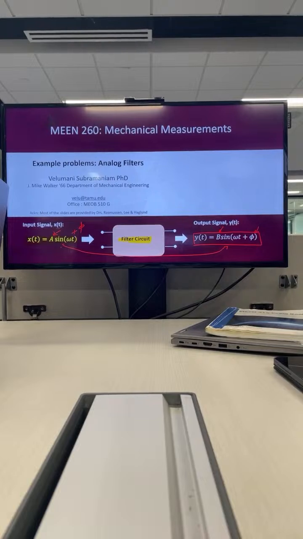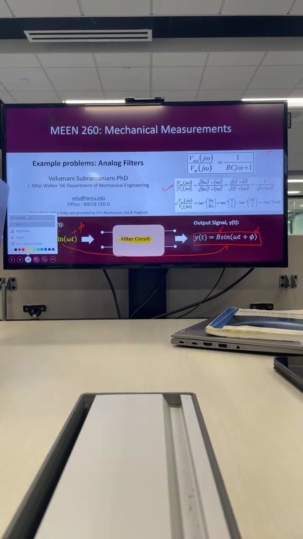You know this is a simple RC circuit, the transfer function of an RC circuit. Now for this one, how do you calculate the amplitude and the magnitude? So the magnitude and the phase angle. These are the formulas: V out by V in, that is the real part, root of A squared plus B squared, the real and the imaginary part, and the input real and imaginary part, and you can just simplify it to get this function.